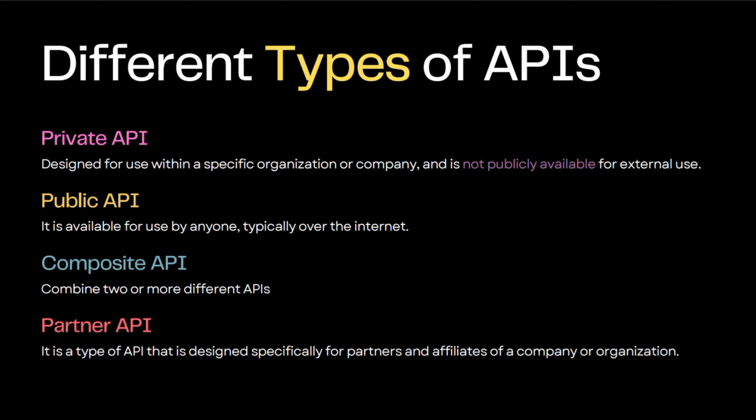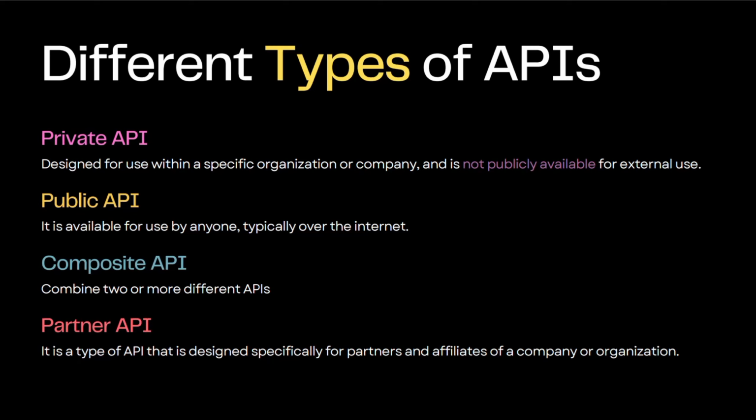Then we have public API. A public API is an API that is available for use by anyone, typically over the internet. Public APIs are often used by developers to build third-party applications that can interact with the specific software or services.